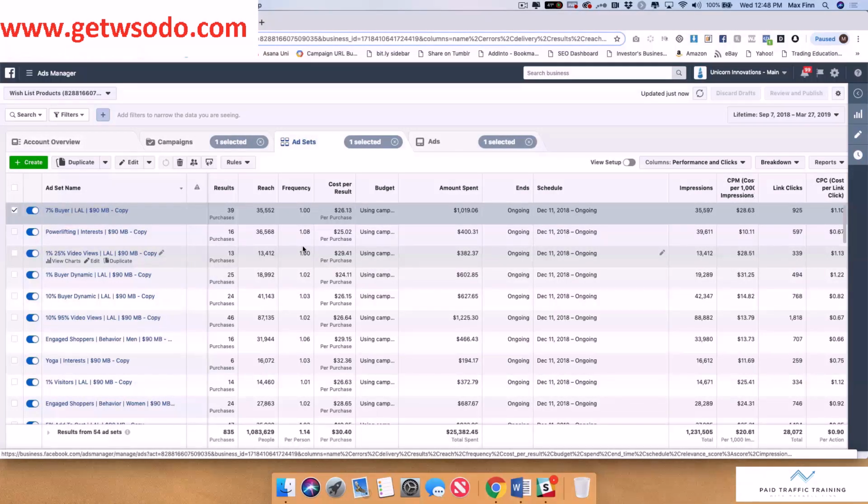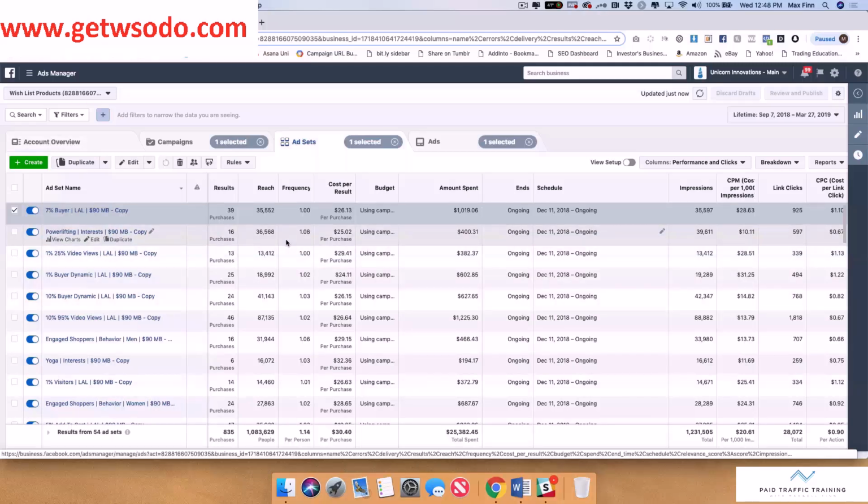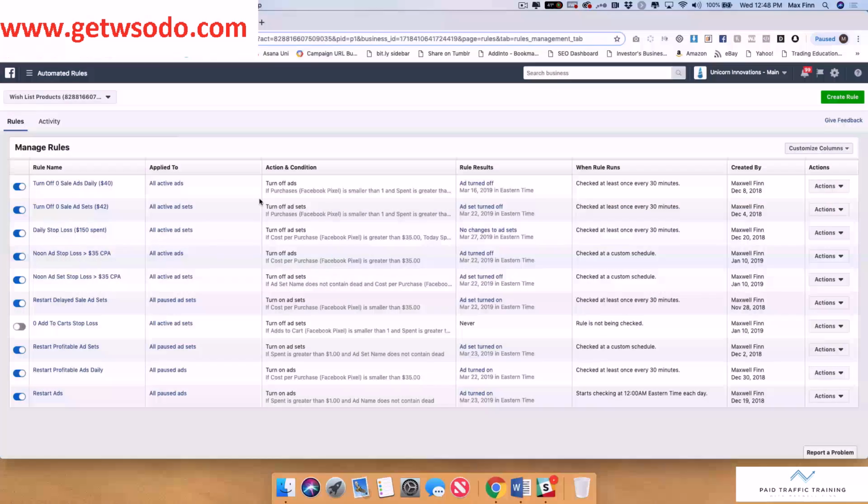So you want to quickly identify the ad sets that are just having a bad day, that are starting off real rough, that are over your target CPA. That way, all the spend can be reallocated to the winning audiences, right? That's really important. So we have a few rules in place that we're going to do here.